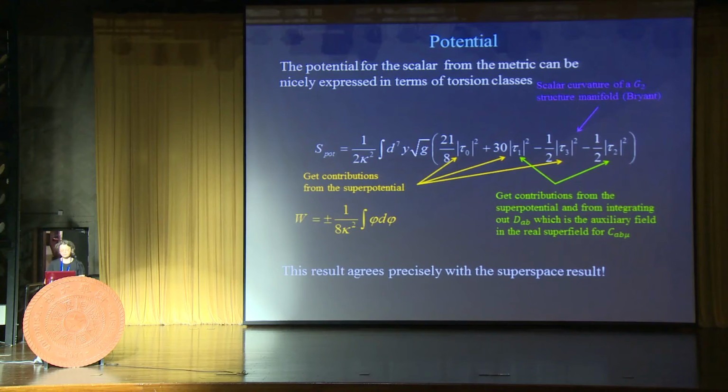So the 27 representation of G2 works perfectly, that flows from F terms. The 7 piece, we have to integrate out the D term from the gauge field from the metric. And to get the singlet piece to work, we actually have to integrate out one of the auxiliary fields from one of the antisymmetric tensor multiplets that I don't have much time to talk about.